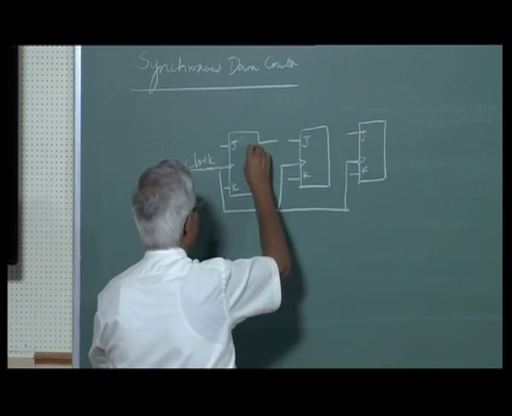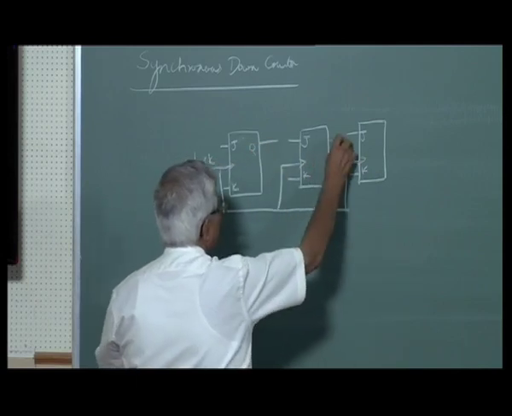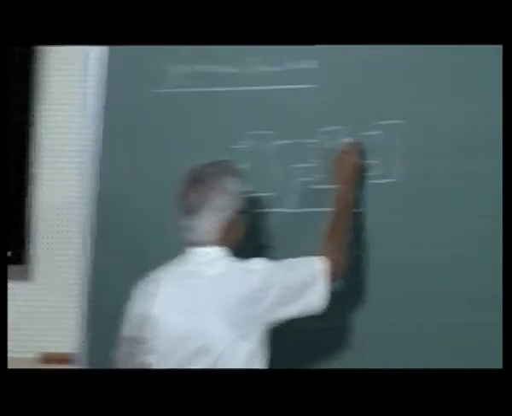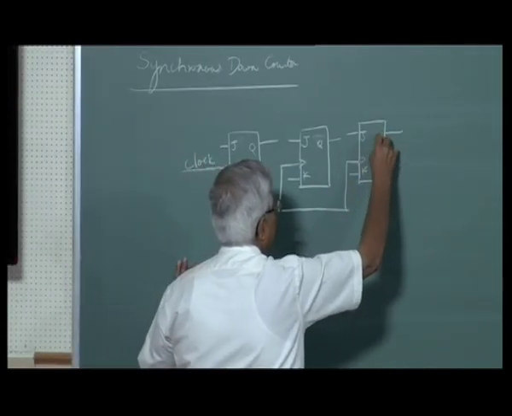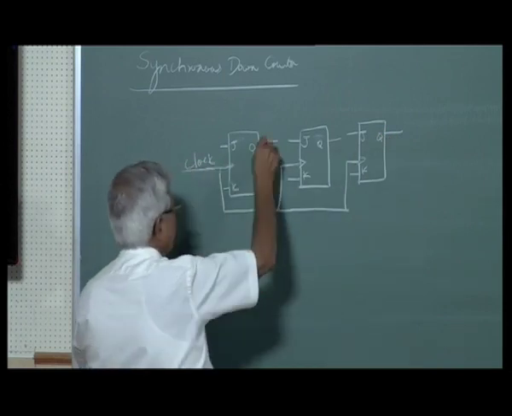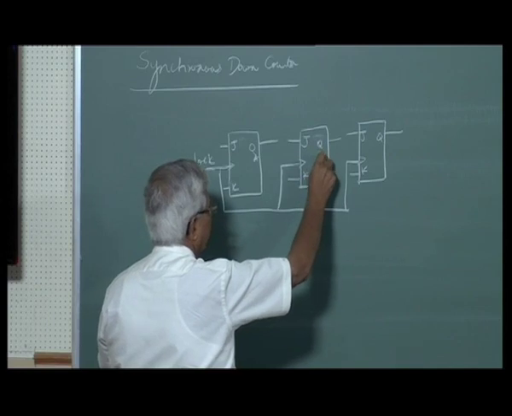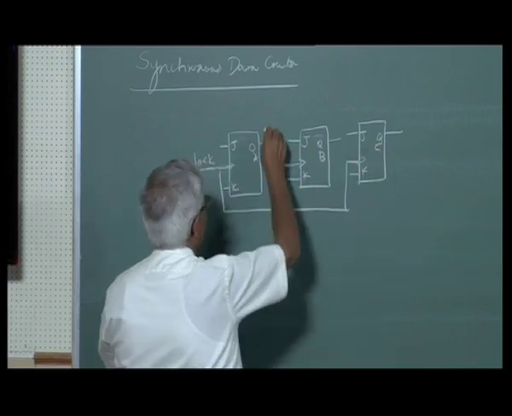We will call this Q, and of course Q bar is also there. We will label them as QA, QB, QC, which means the count is ABC.